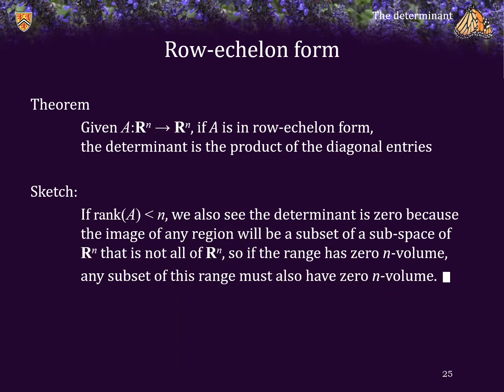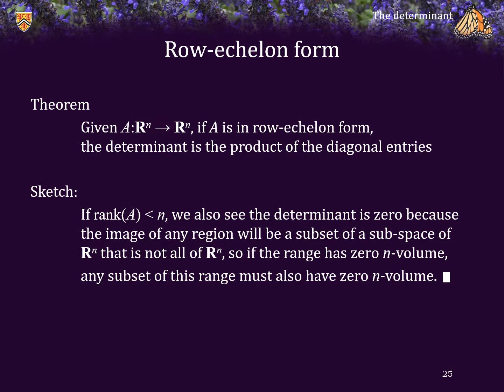Now here's another nice argument. If the rank of A is less than n, then we can also see that the determinant is 0 because the image of any region will be a subspace of the range. But the range will not be all of R^n. Consequently, we argued previously that, for example, in R^3, a plane has no volume. Neither does a line, neither does a point.